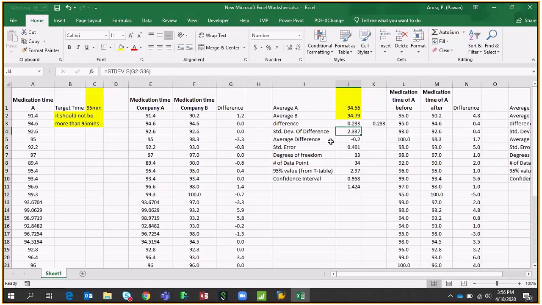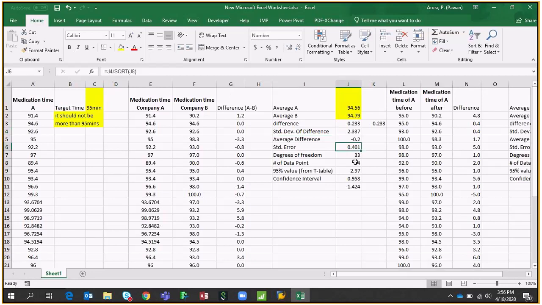Same way I've calculated the standard deviation of this difference, correct? This difference is what actually? This is nothing but A minus B. So I'm checking the average of this entire difference, the standard deviation of this difference, and then the standard error.